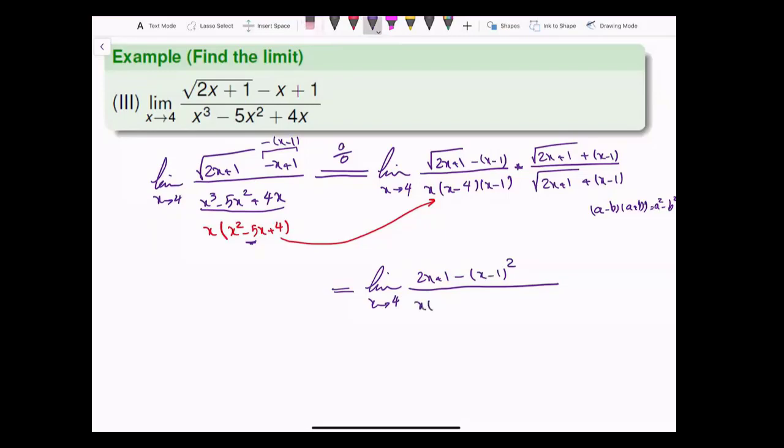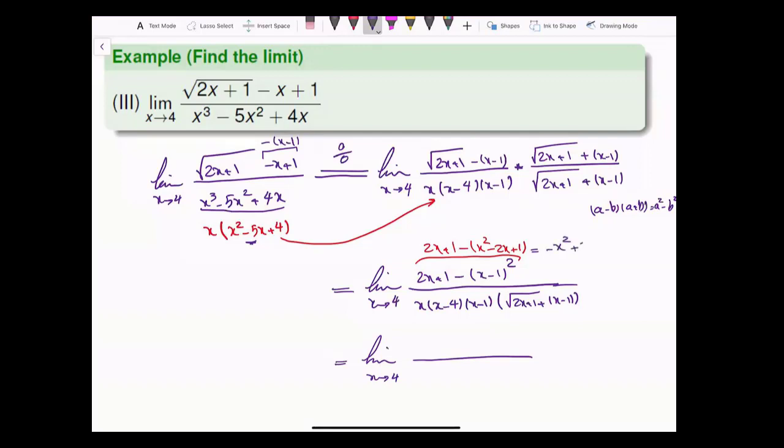So in the denominator, we have x, the whole thing that we had before, multiplied by this part. Now, see what is happening up here. This is 2x plus 1 minus x squared minus 2x plus 1. Simplifying, I have minus x squared and plus 4x, and 1 and negative 1 cancel each other.